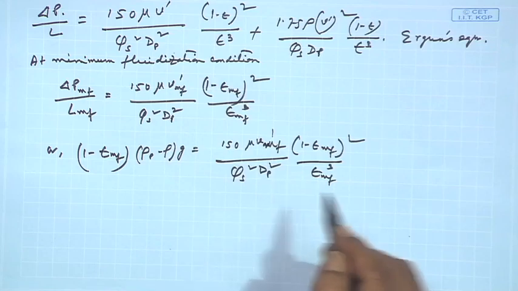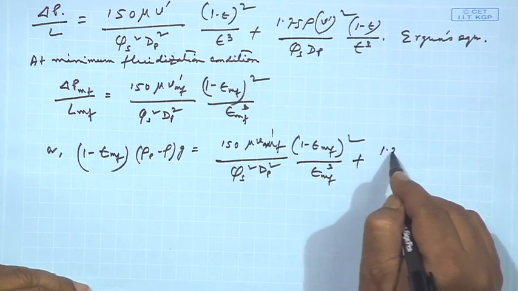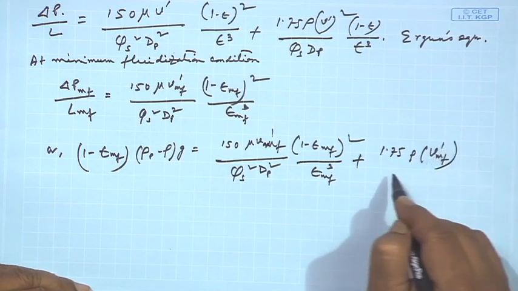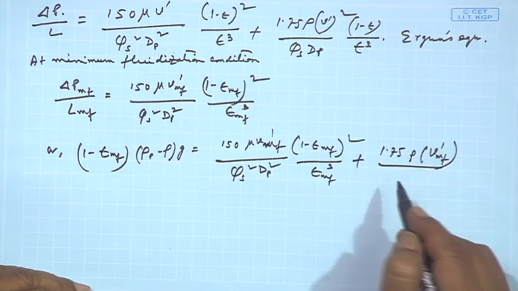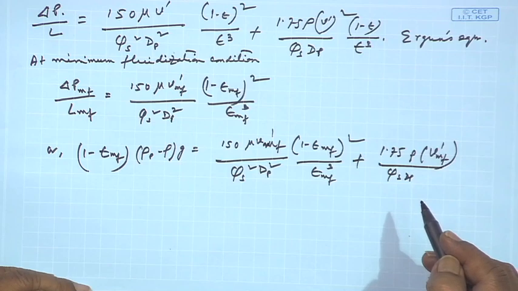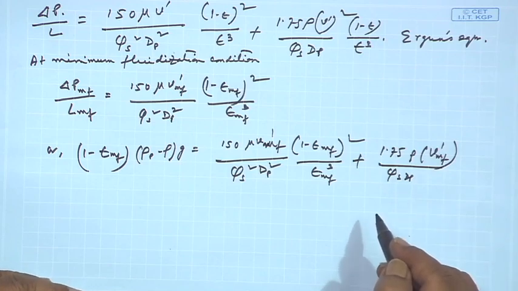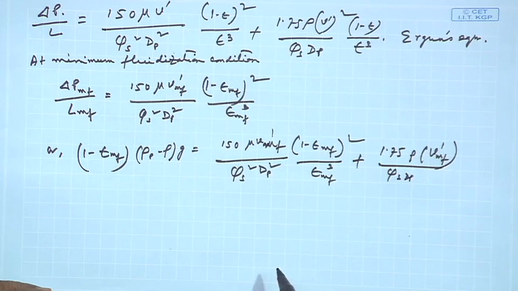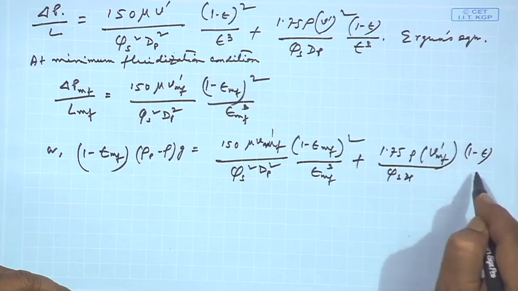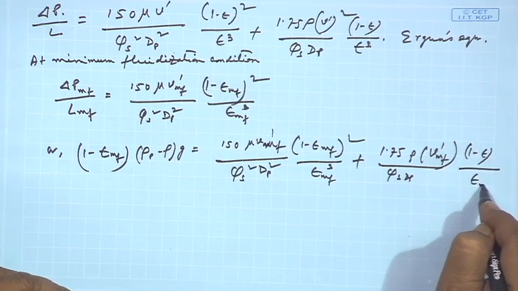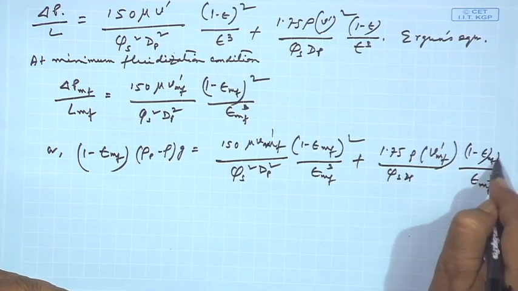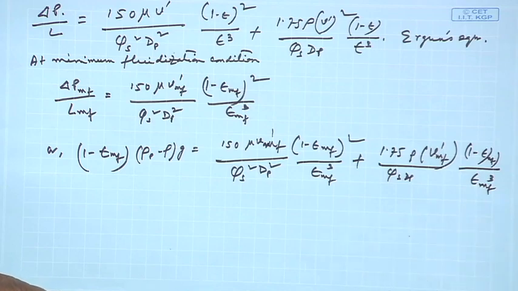This plus 1.75 rho V_mf prime over phi_s d_p, into (1 minus epsilon_mf) over epsilon_mf cubed, right.